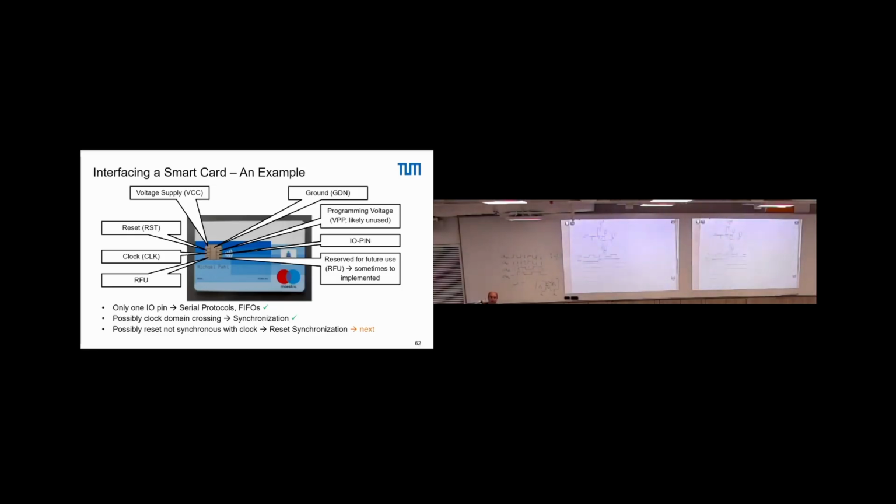Now, the whole point of a reset signal is that the system is in a defined initial state, right? But now what happens if we consider our reset signal here at point 1, 2, and 3. So I just draw here R1, R2, R3.